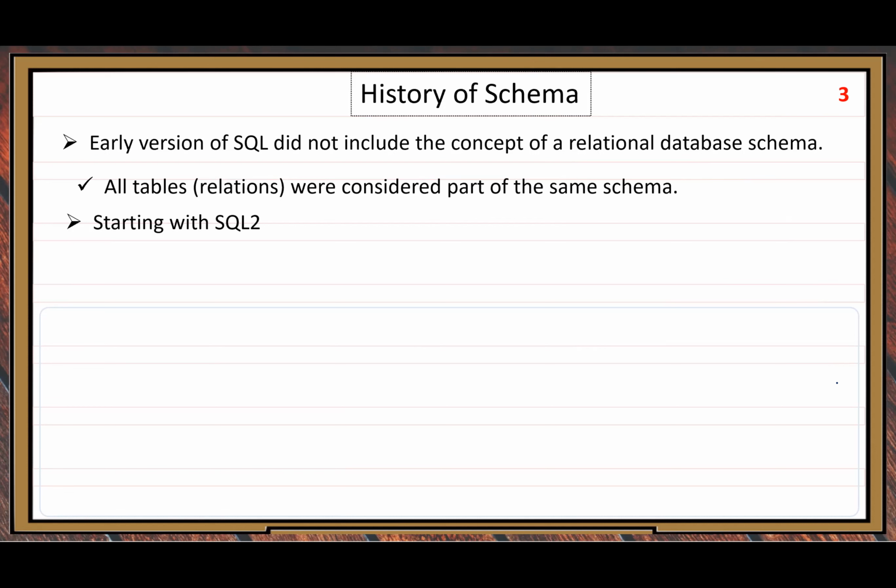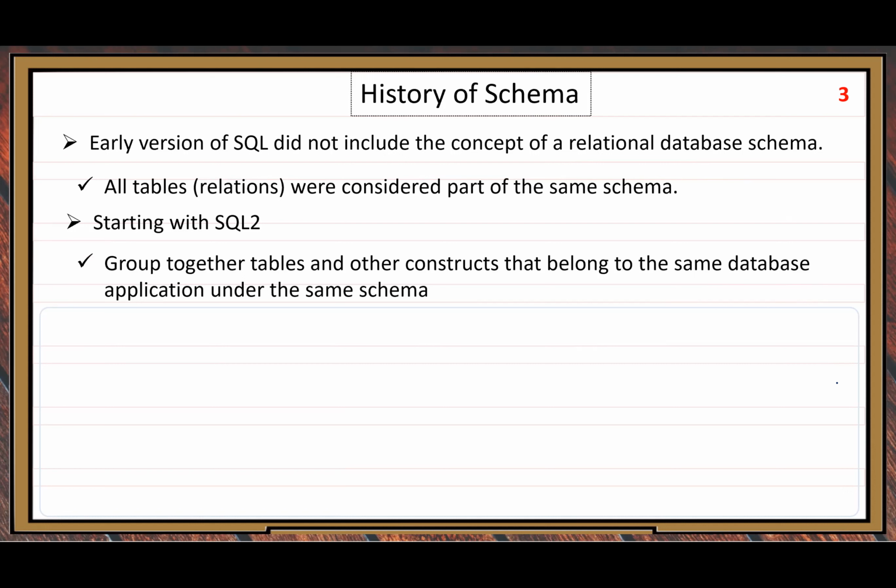Starting with SQL version 2, they group together tables and other constructs that belong to the same database application, corresponding to one project. For one project you may use multiple databases, but usually, if you don't have a good reason, you just use one database for one project.